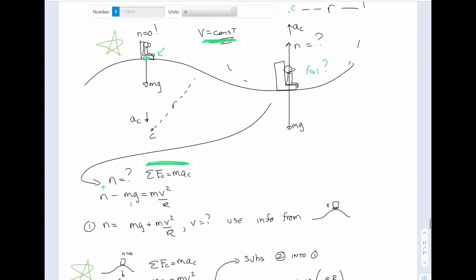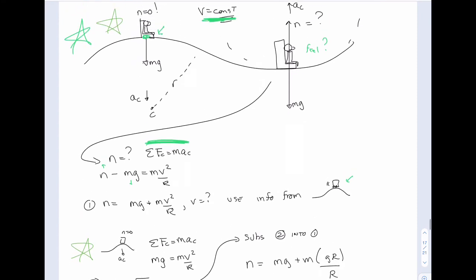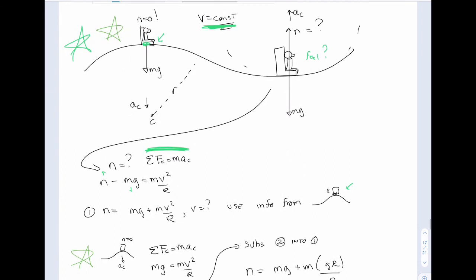Well, to find v, I'm going to use the information from the top picture. They tell me when they're up at the top that they feel weightless. So I go to that top picture. Normal force is 0. All I have is the weight mg that points down. So that allows me to find the speed v. So if I apply F equal ma, so I did the 5-step method up here.